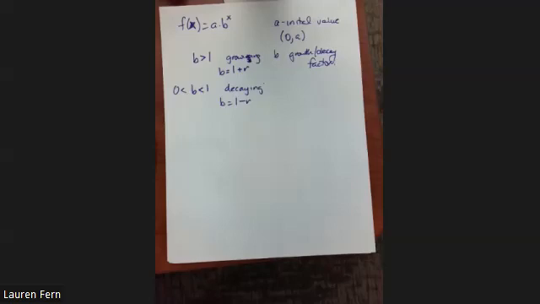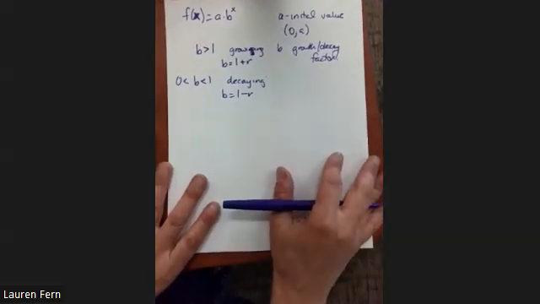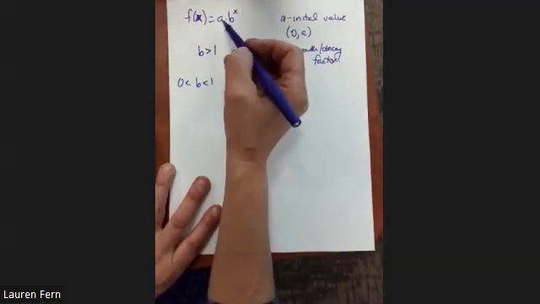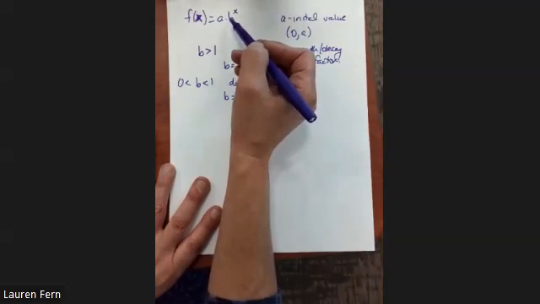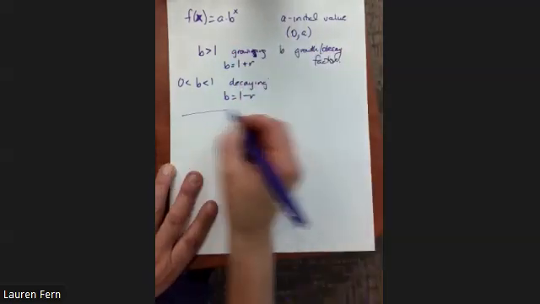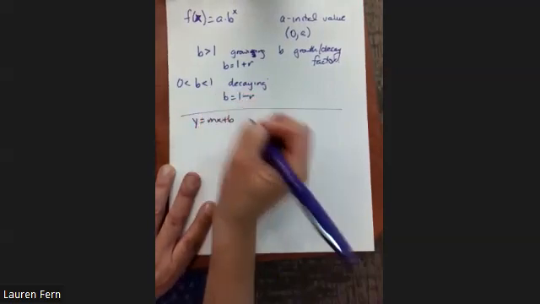Okay. So the question we kind of left off with is, what if we're not given our initial value directly or our growth or decay rate directly? It's kind of like, remember when we were studying lines, y equals mx plus b?